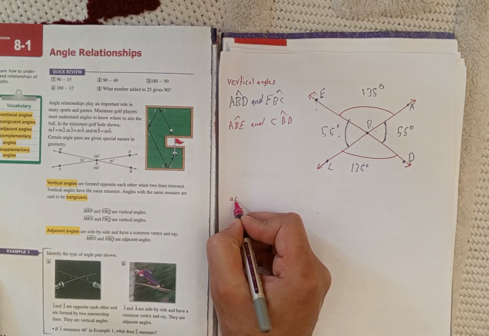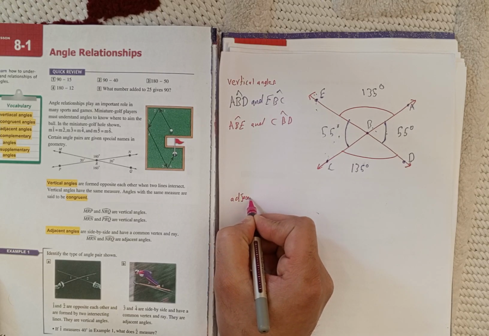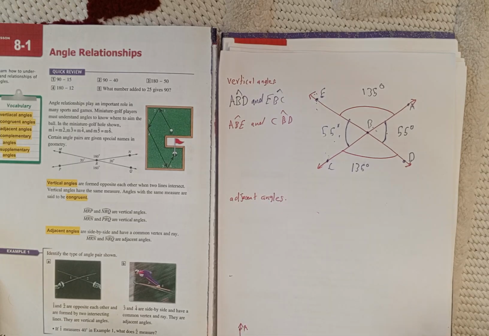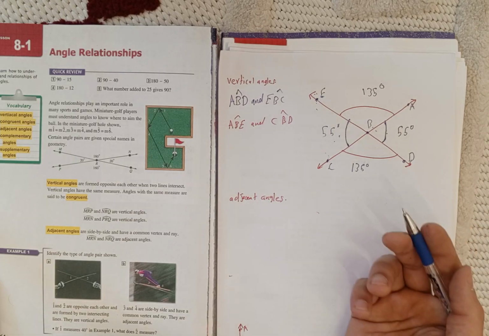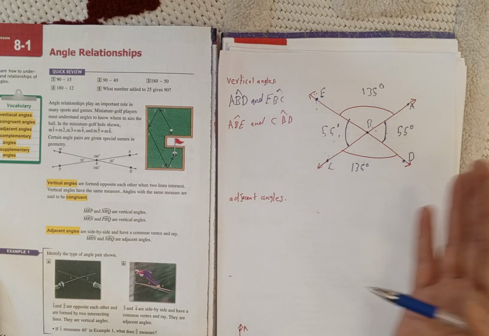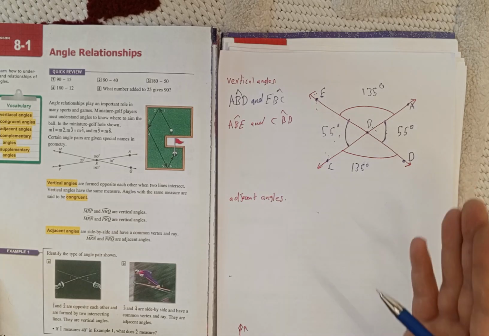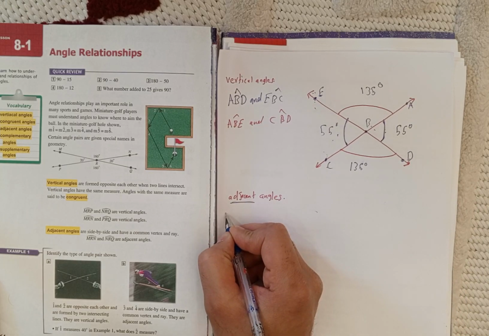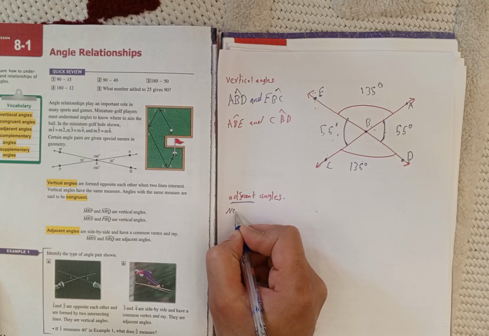The adjacent angles are the two angles that are neighbors. Okay, there is a ray between them, or we can say there is a wall between the houses. So we can change the name of adjacent to neighbors.